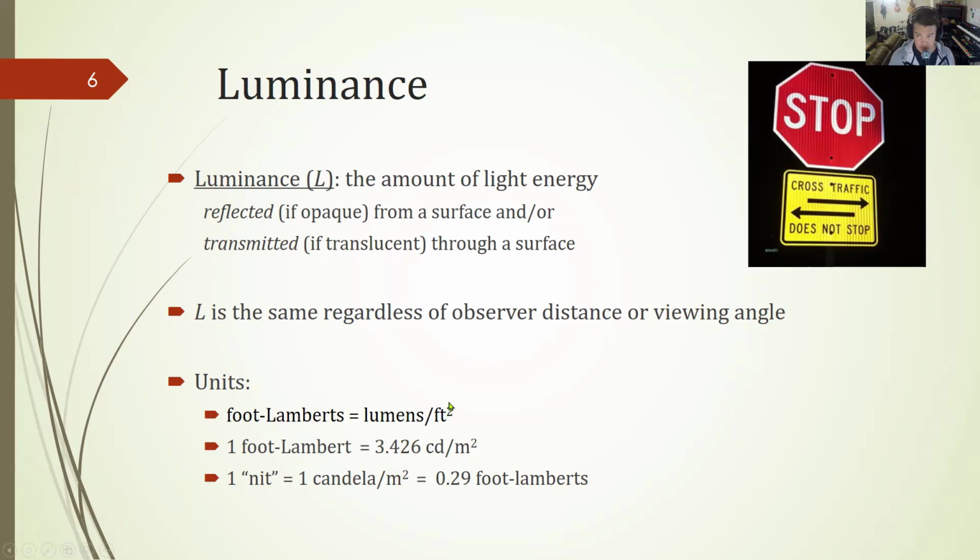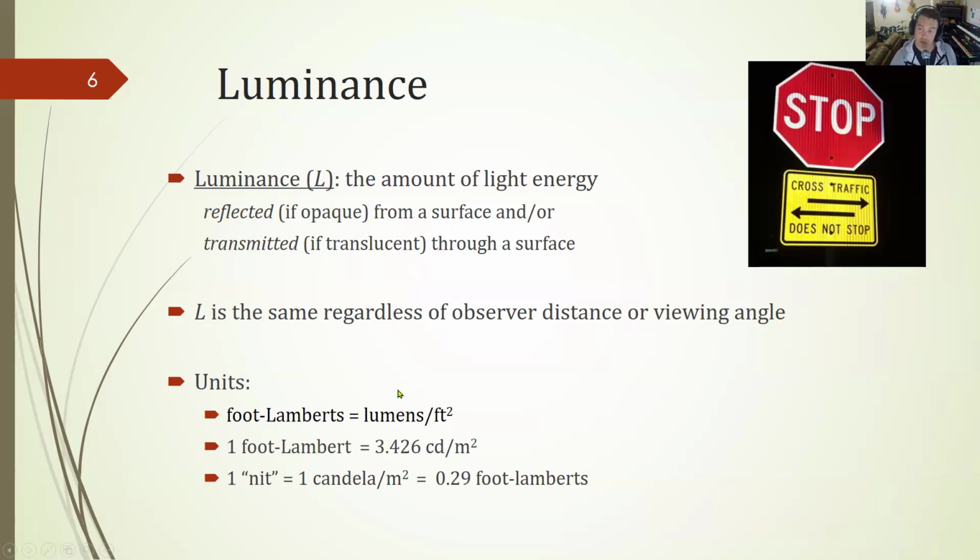Okay, so where have we seen lumens per foot squared before? We've seen it before, and it wasn't called a foot Lambert before. If you're confused, recall the units. Go back to 3.1 if you have to, but you can also get this in 3.2.